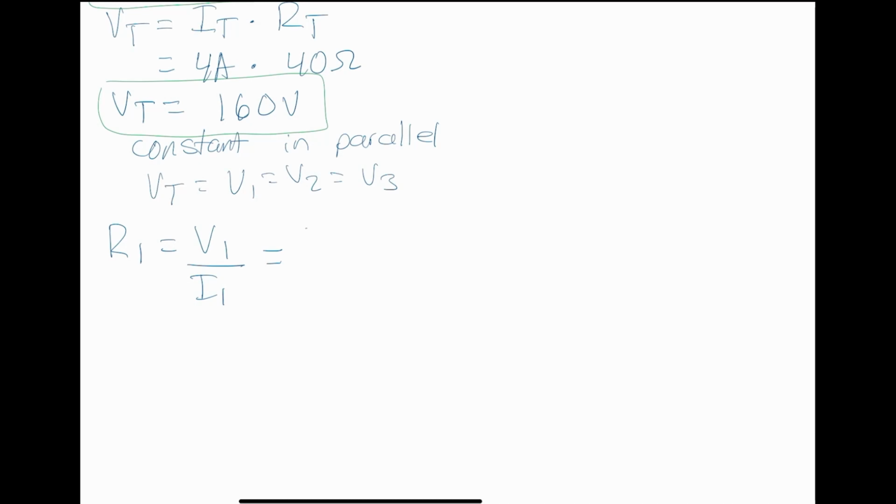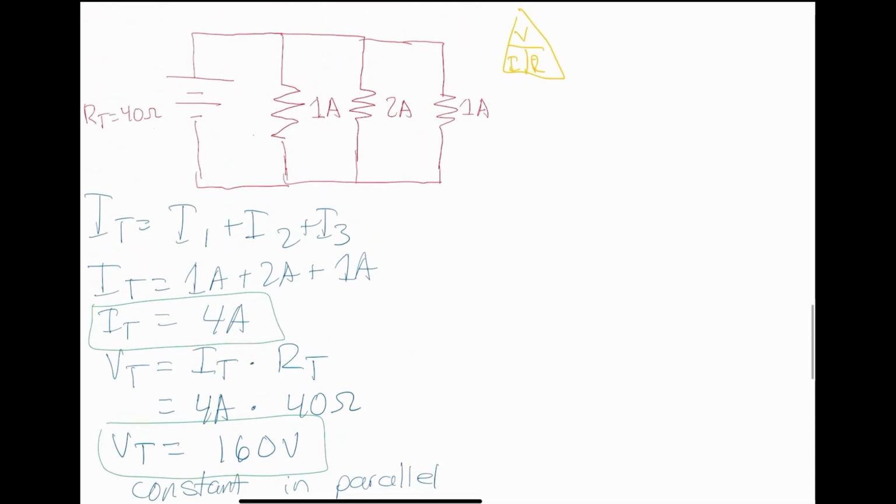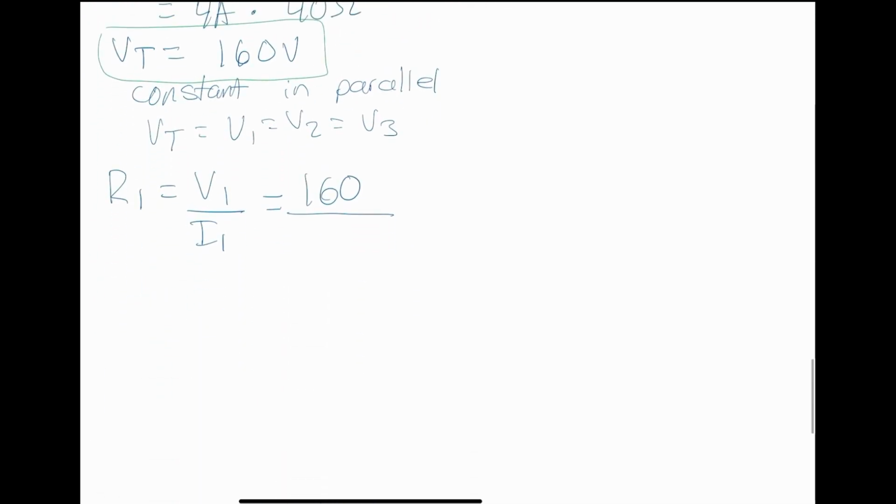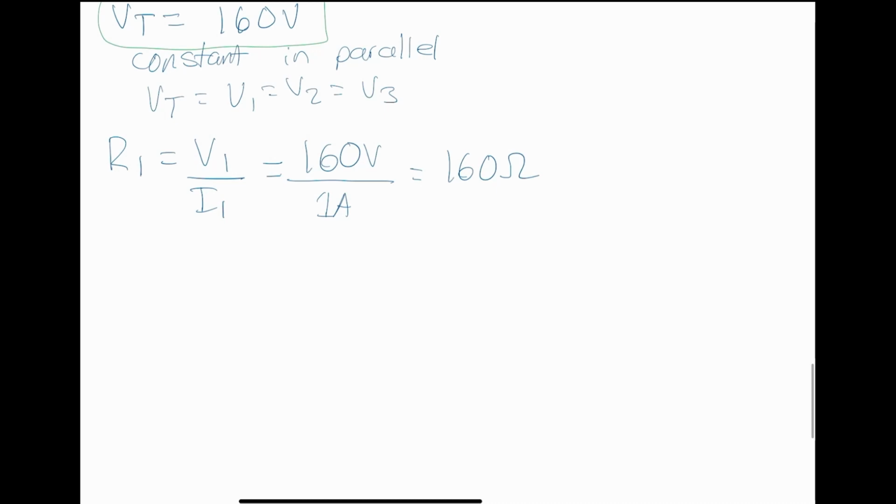We know our value for V1, since it's constant, is always going to be 160. Our I1 was identified as 1 amp. So our R1 resistance will be 160 ohms. Boom, simple as that.